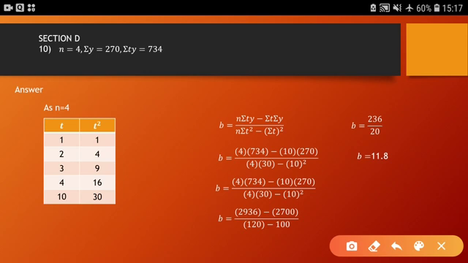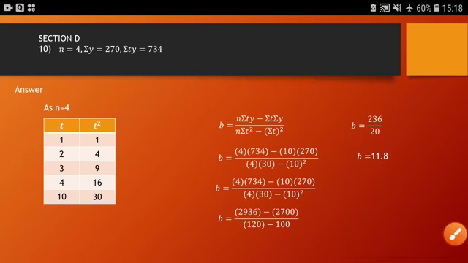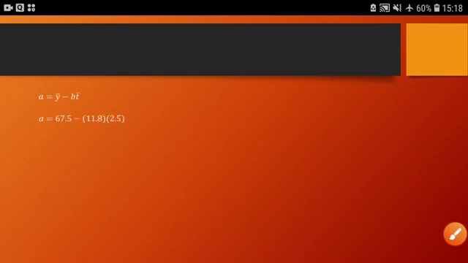And y bar is sigma y upon n, that is 270 upon 4, which is 67.5. So it was easy. a is y bar minus b t bar, so 67.5 minus 11.8 into 2.5. 67.5 minus 29.5 is 38. So y cap is equal to a plus bt, 38 plus 11.8 into t.